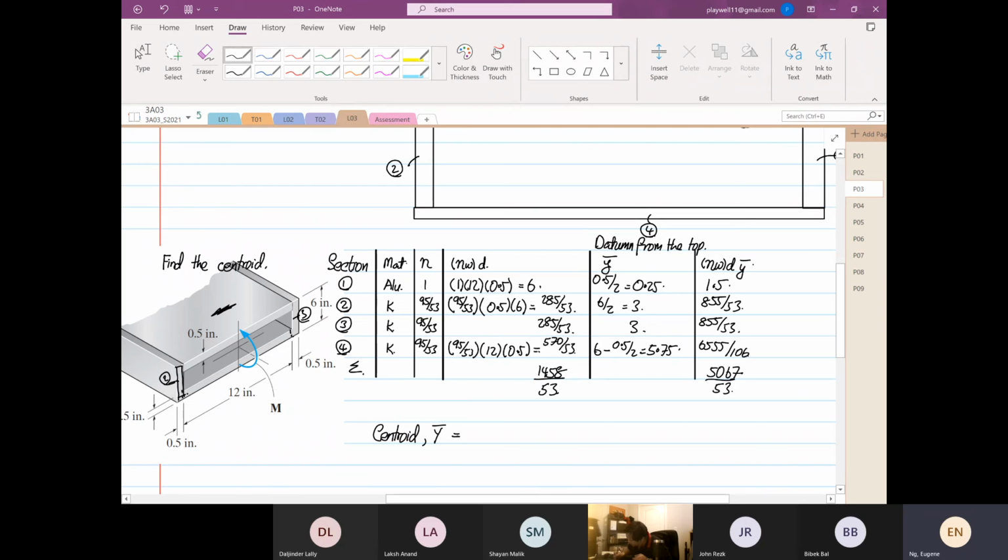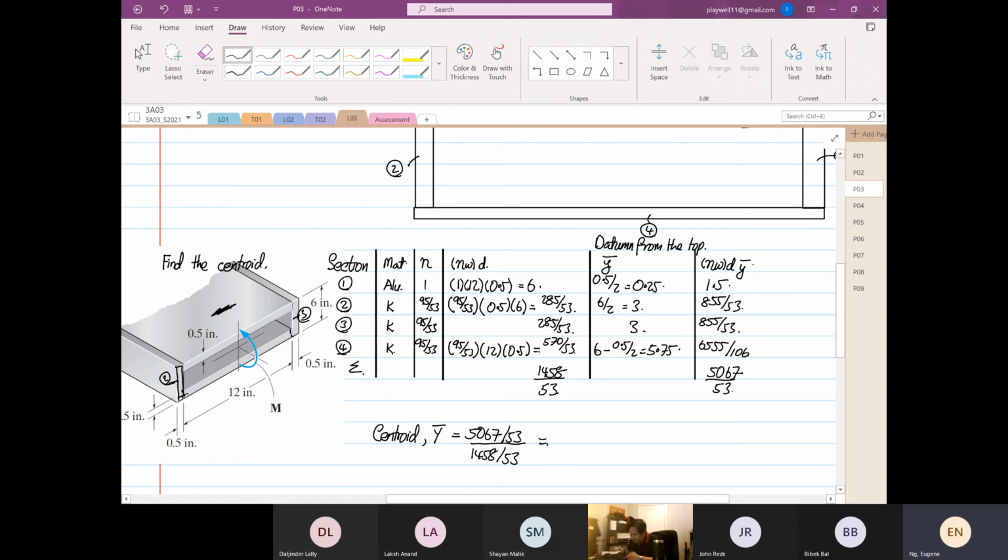Y bar is equal to 5067 over 53 divided by 1458 over 53. So 5067 over 1458.